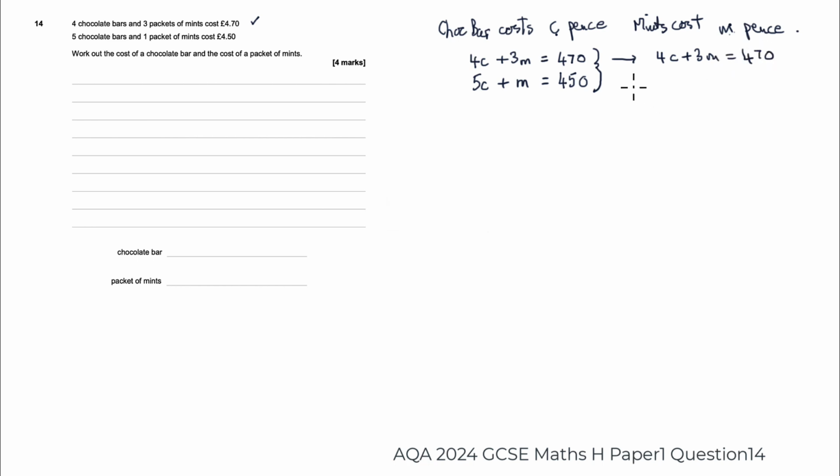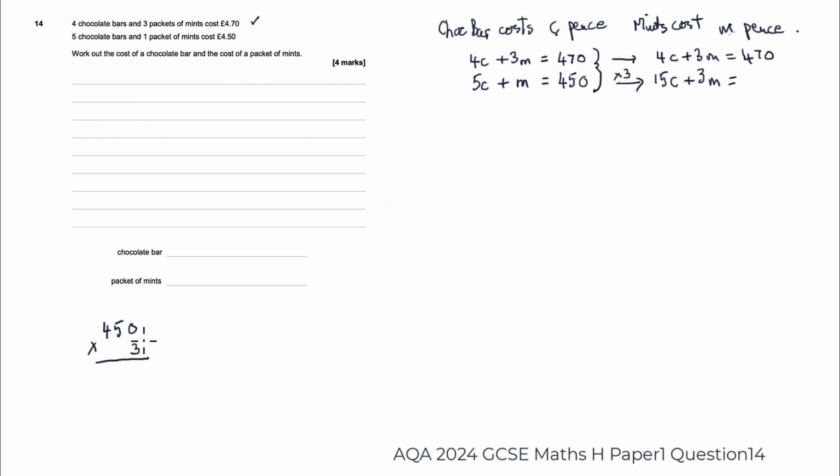But if we treble our order for the second equation, so multiply by 3, instead of 5 chocolate bars, we're going to get 15 chocolate bars. Instead of 1 packet of mints, we'll get 3 packets of mints. And of course, that'll cost 3 times 450. Now, let's work out 3 times 450.